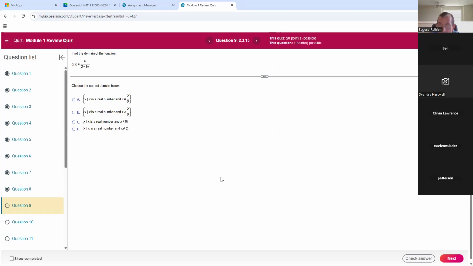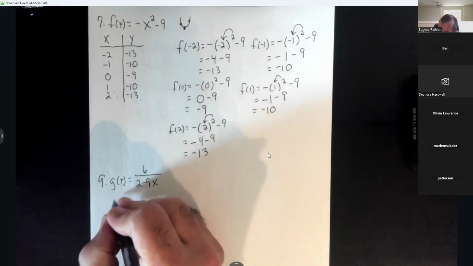All right, y'all, so number 9 here wants me to find the domain. They're giving me g of x equals 6 divided by 2 minus 9x. All right, so basically, since it's a domain problem, you're going to set the bottom equal to 0 and solve that.